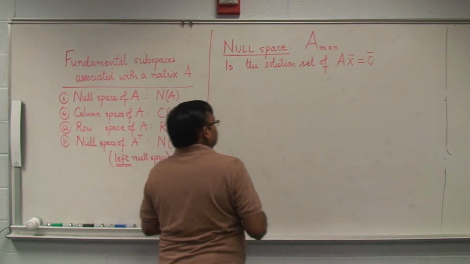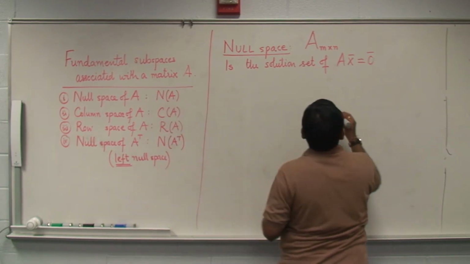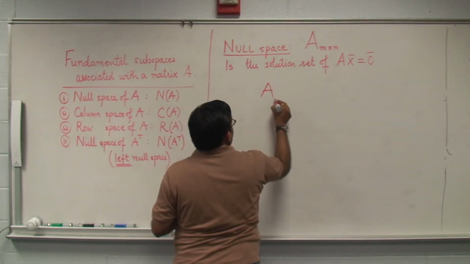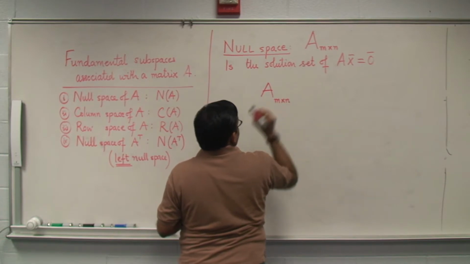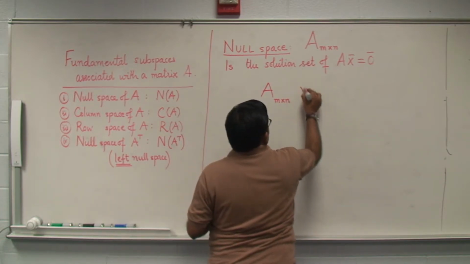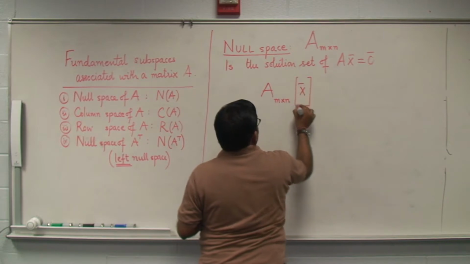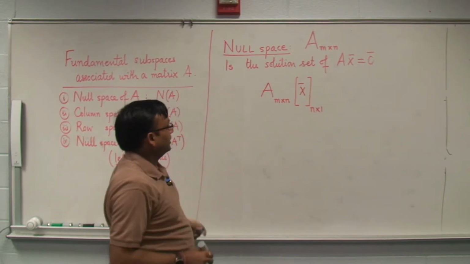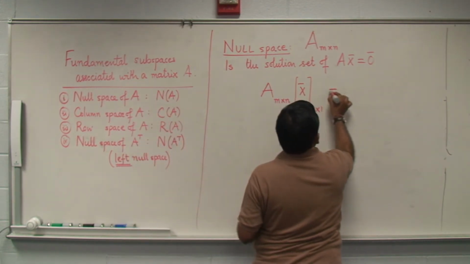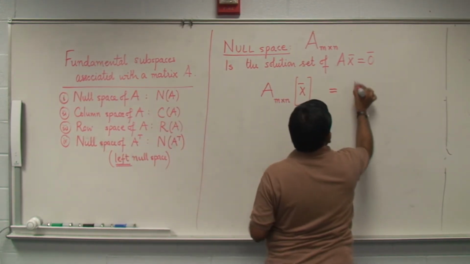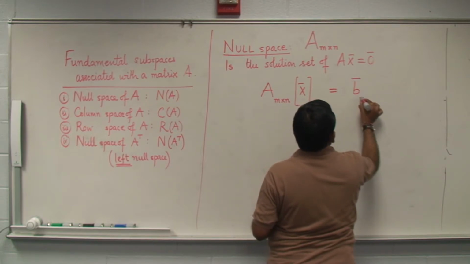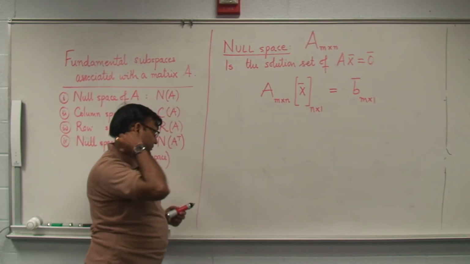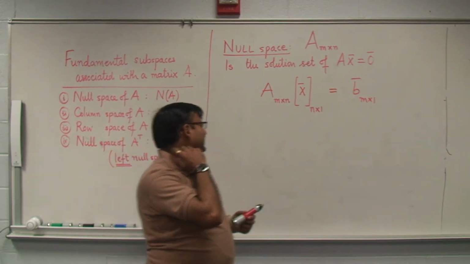Now, it's all good to look at, but if you look at this matrix A and this vector x, the size of this vector x would be n by 1, because only then will you have some multiplication. And whatever vector b comes out of it, that will have size m by 1. This is what we have learned in systems of linear equations.